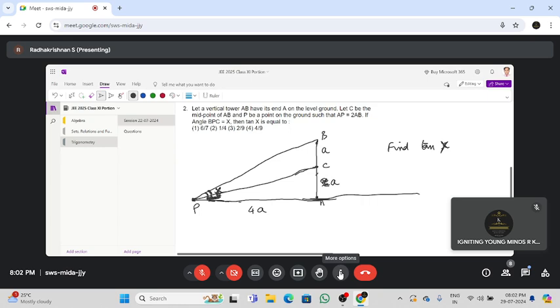Here, let us mark some other angles. Let us put this as capital Y. Then this big angle is X plus Y, and this X is equal to X plus Y minus Y. Correct? So now, does it give you any clue?